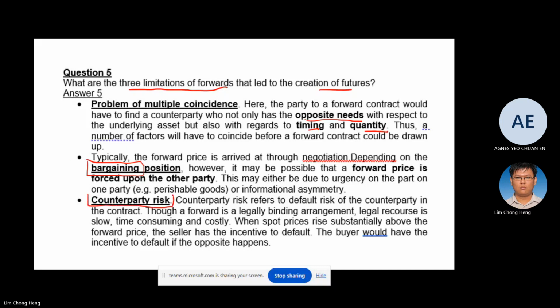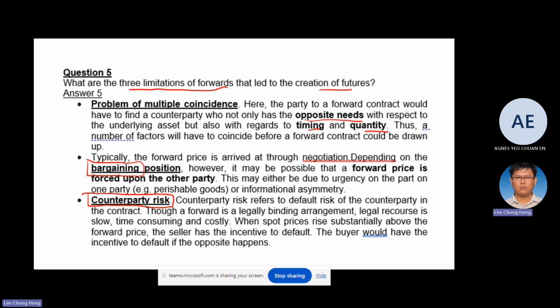The third problem is the counterparty risk. If the price benefits you, then you will worry the counterparty will run away. If the price benefits the counterparty, then you don't have the credit risk, the counterparty has the credit risk.